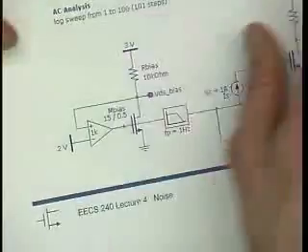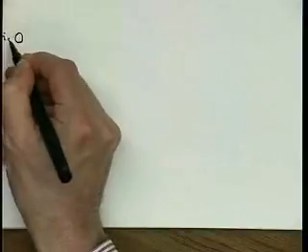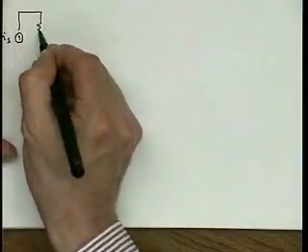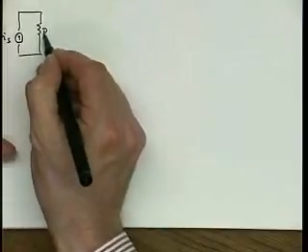Okay, I mentioned that the number one thing is the small signal model. So we have our input current source, IS, that has a finite output impedance, RS.